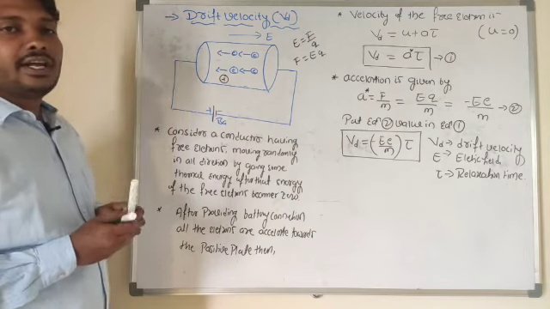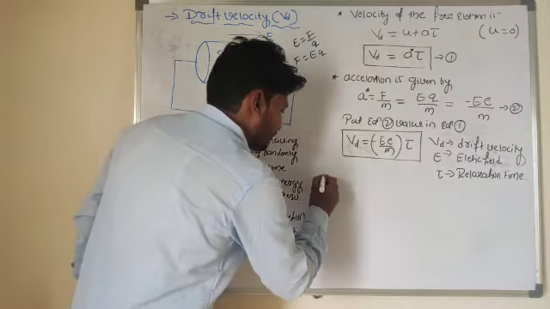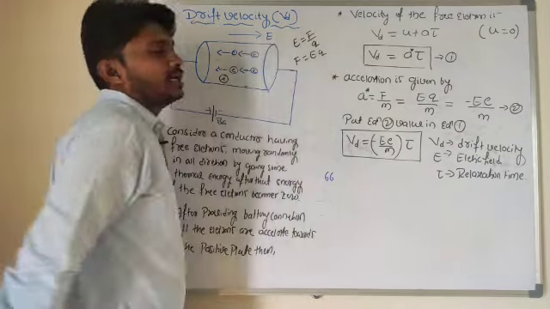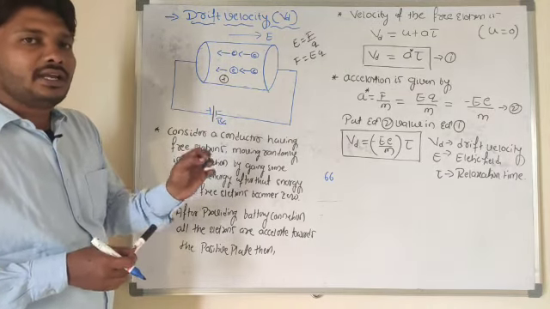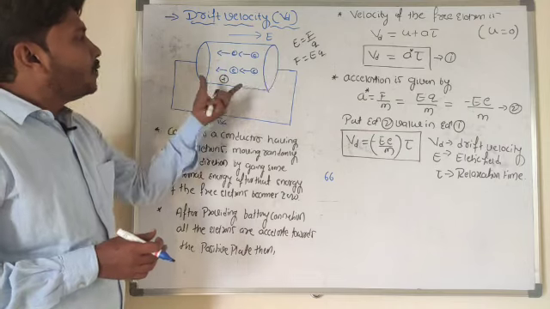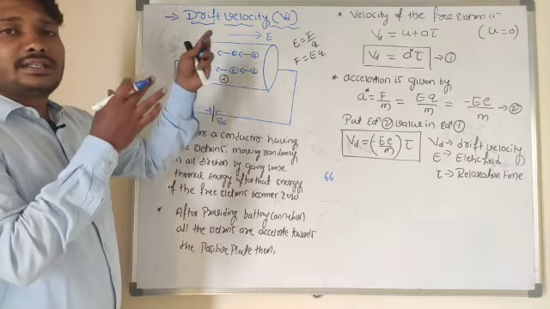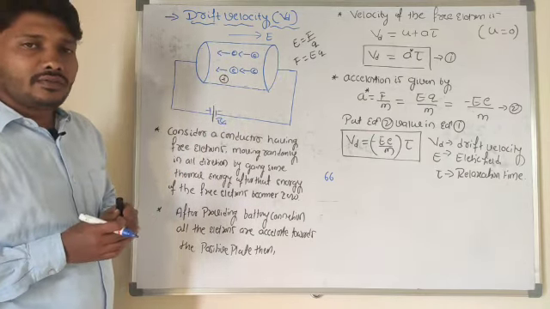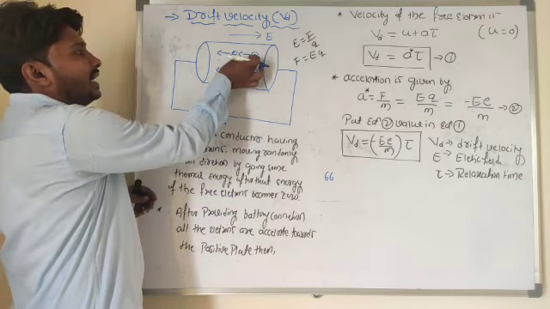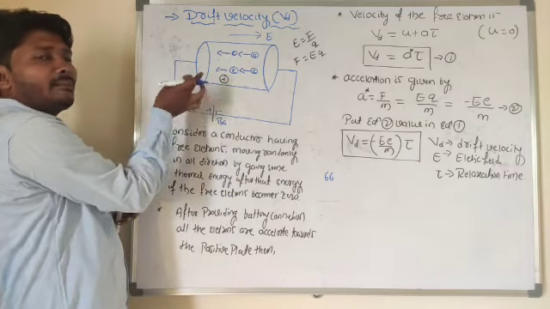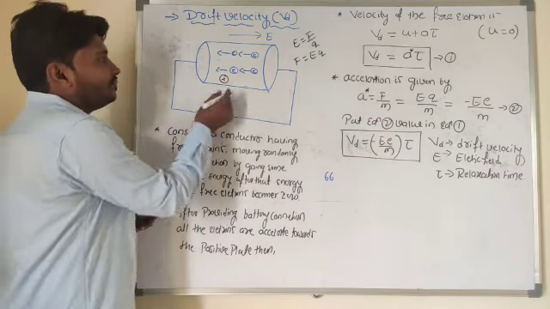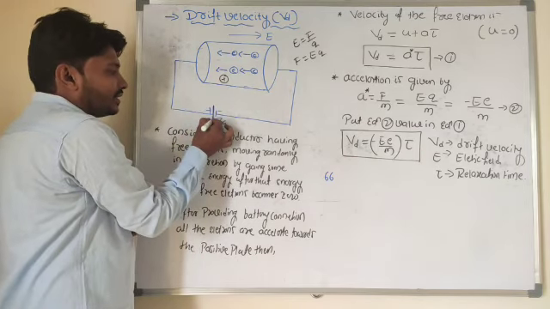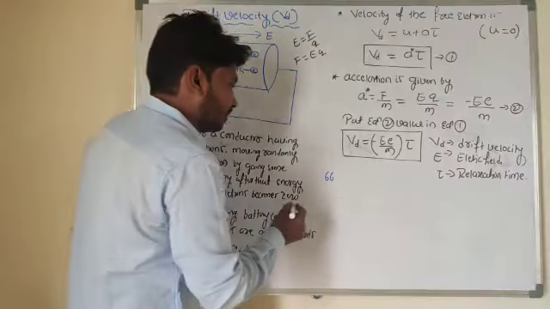So now we will give the statement for the drift velocity. How will you define the concept of drift velocity here? The average velocity of free electrons when the conductor is placed in an external uniform electric field, so that electrons are moving opposite to the direction of the electric field, or in other sense these electrons are attracted towards the positive plate of the battery.